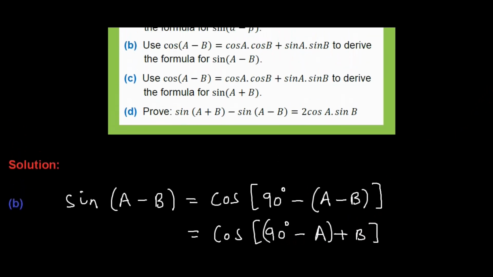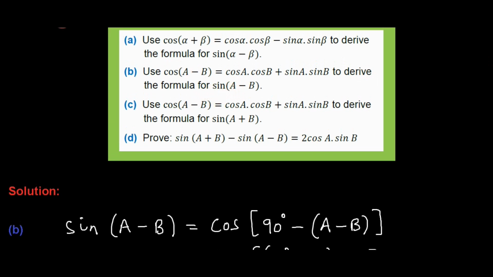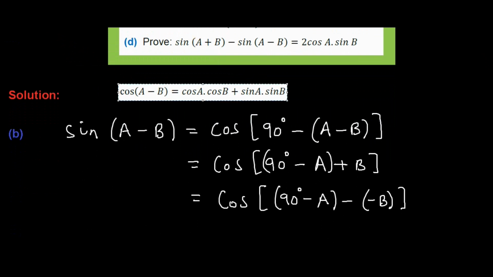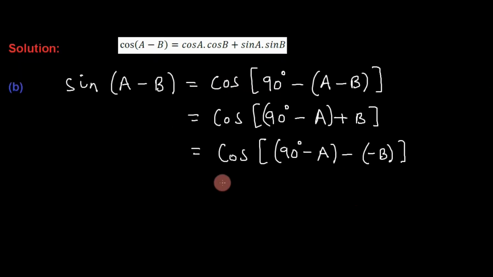So if we compare this with the cos expansion for A minus B, and let's copy this again. As we said, instead of A, we have 90 degrees minus A. And instead of B, we have negative B. So if you apply this expansion, we have to replace each A in this equation with 90 degrees minus A and each B with negative B. So let's do that.